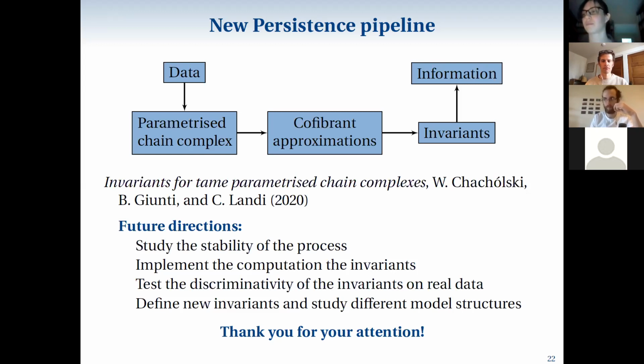So of course our invariants are stable with respect to the Lesnick and Blumberg metrics, but you forget too much information. We need metrics which are not of homotopy type but more of isomorphism type.